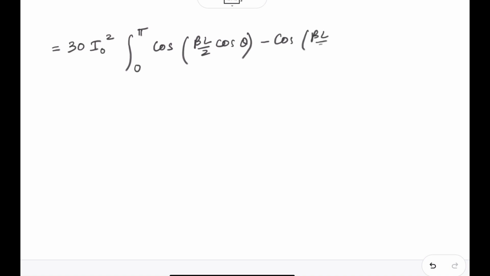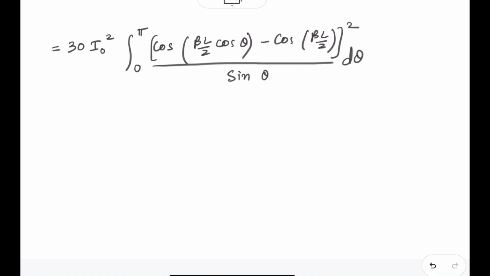So this can be written as, here many terms will get cancelled. So what is remaining will be equal to 30 into I naught square integral 0 to 2 pi cos of beta L by 2 cos theta minus cos of beta L by 2 the whole square divided by sin theta into d theta.